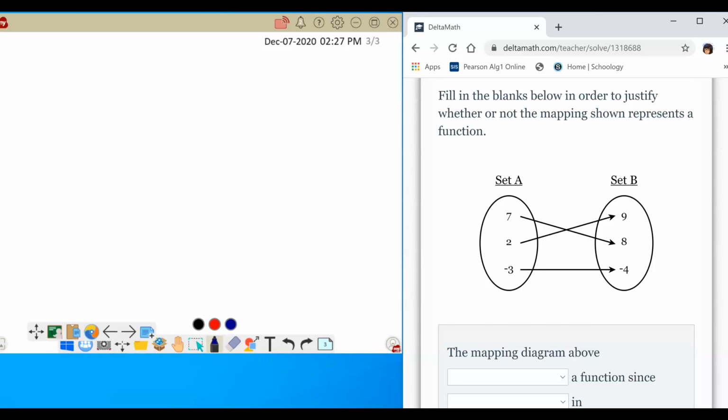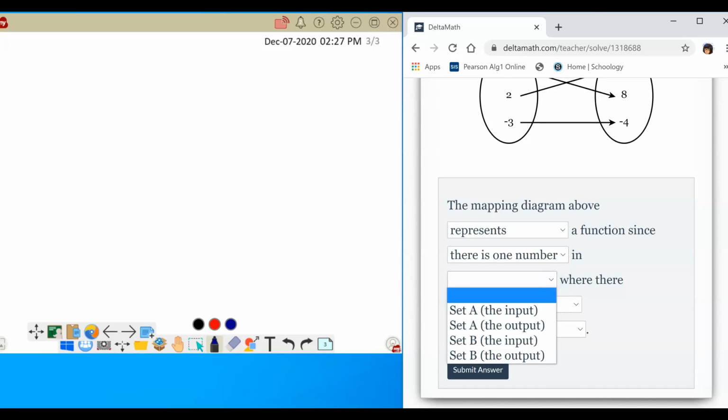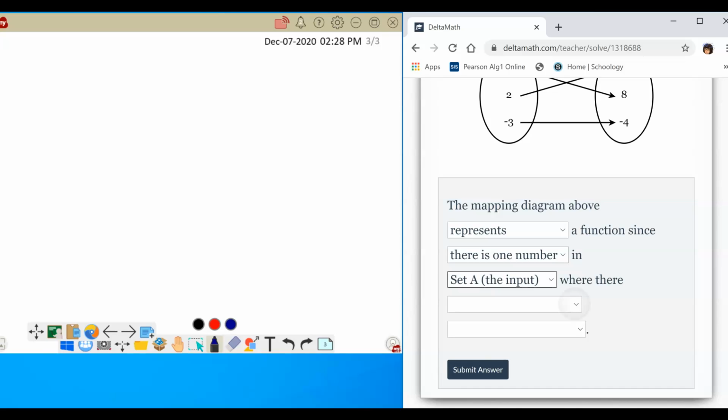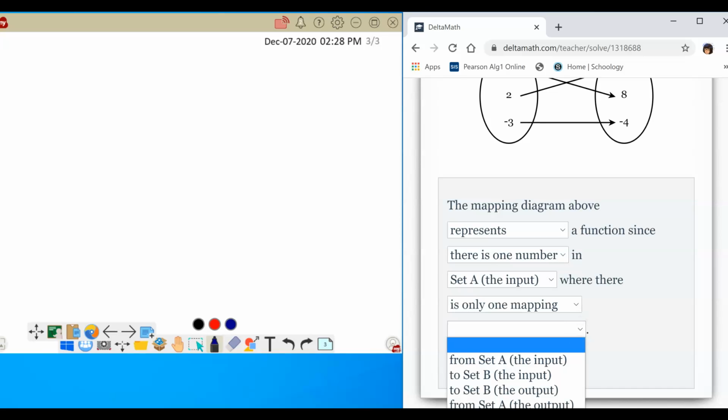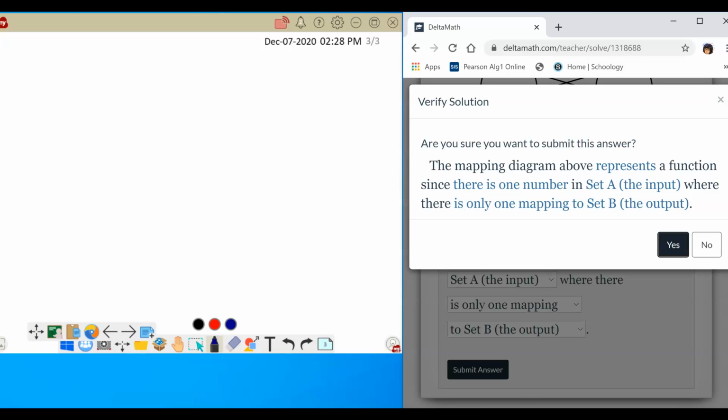So this mapping diagram represents a function since there is one number for each number in set A where there is only one mapping to set B. See if I did this correct.